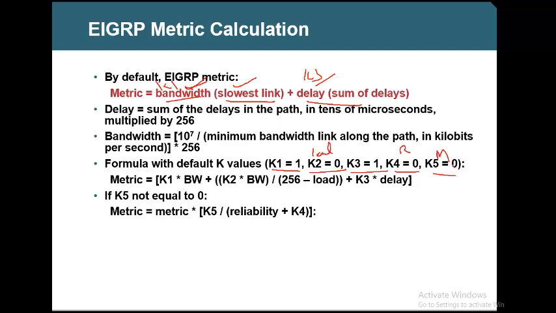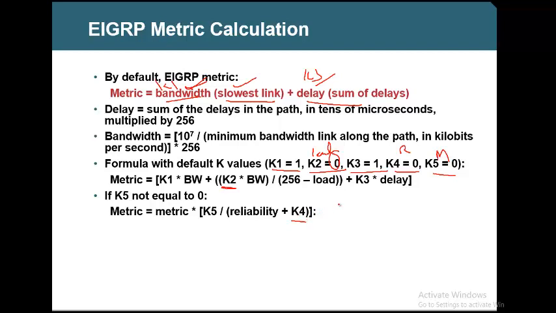Anything multiplied by 0 is 0. So what you see here is load is multiplied by 0. Reliability is multiplied by 0.